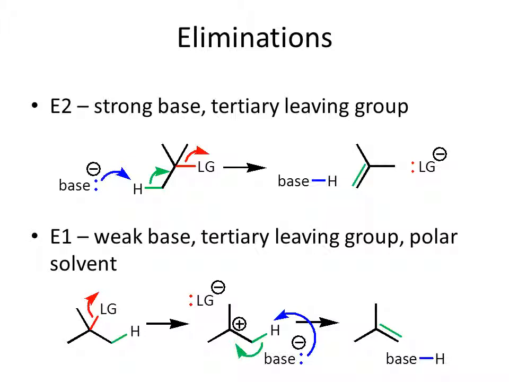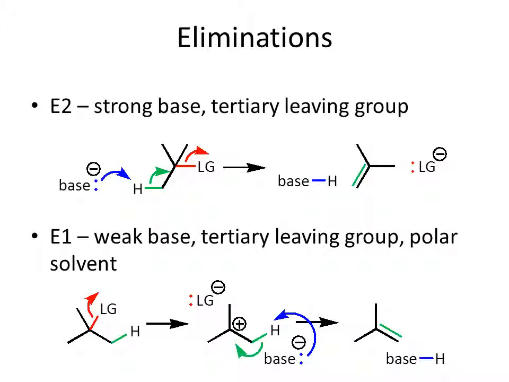We also found last semester that the solvent was very crucial to the E1 mechanism because you form these cationic intermediates, and that's most likely to happen in a polar medium, but they won't happen in a nonpolar solvent. The E2 elimination, on the other hand, could happen in either a nonpolar or a polar solvent.